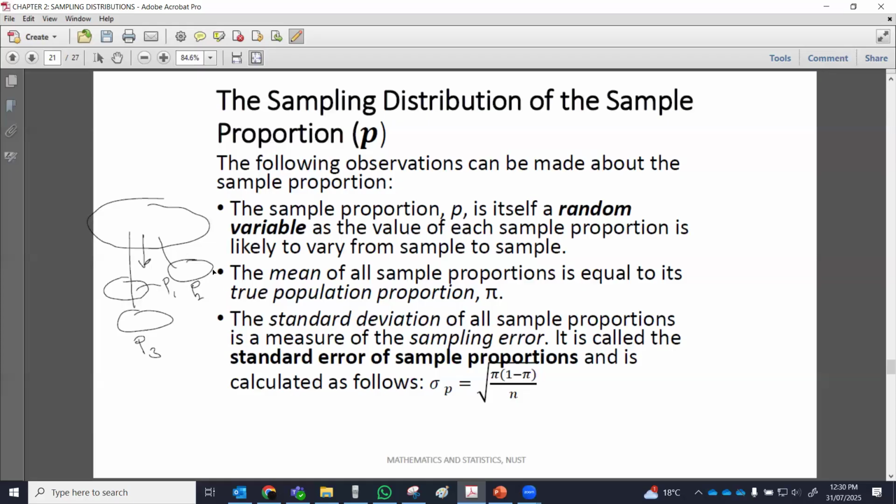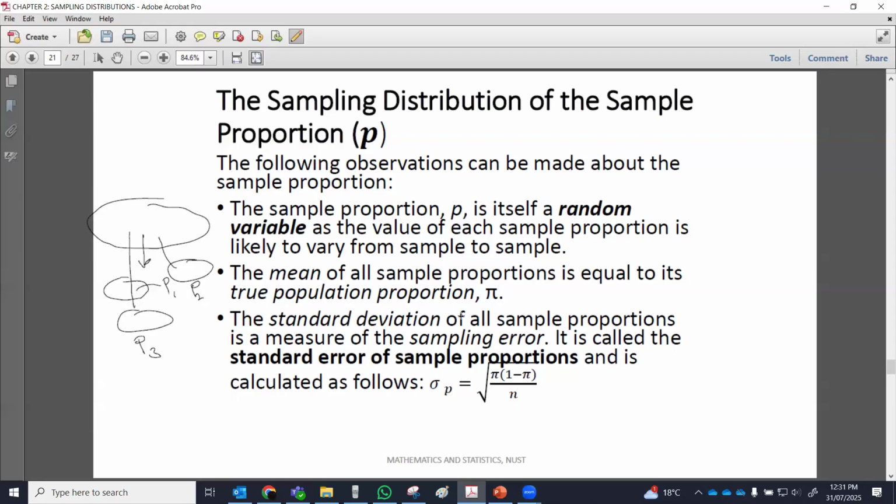Now, the mean of all sample proportions is equal to the true population proportion. So these P1, P2, P3, and so on, if I were to take the average of them, it will be equal to the population proportion. The more of them I take, of course, the closer the average of the sample proportions will be to the actual proportion from the population.